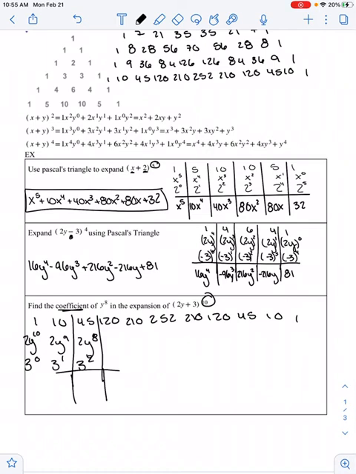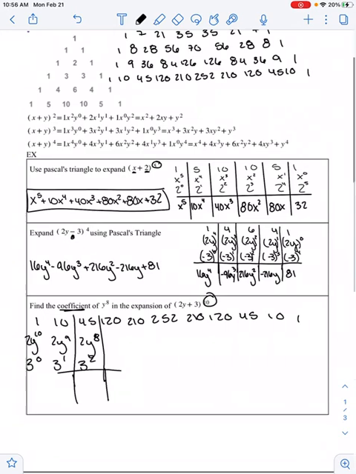So 3 squared is 9. And then 2 to the 8th is 256 times 9 and then times 45.